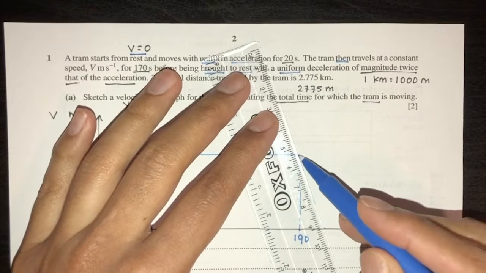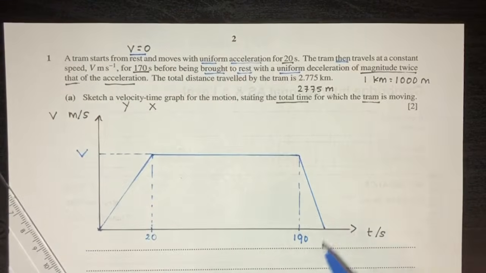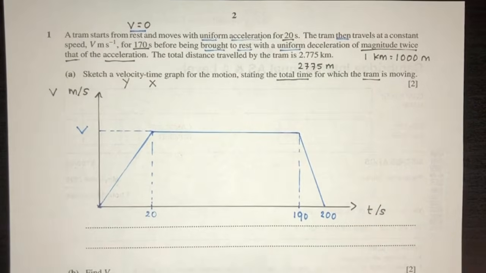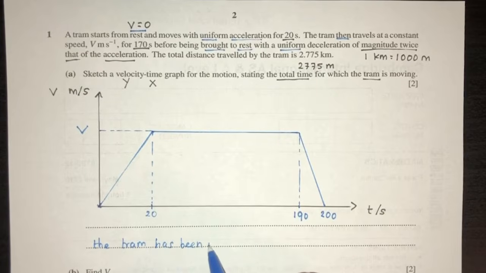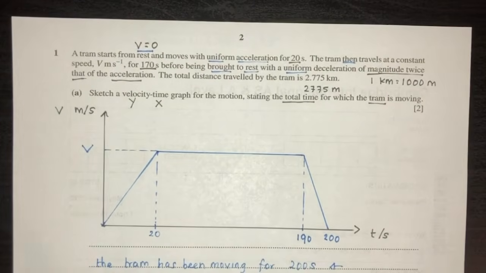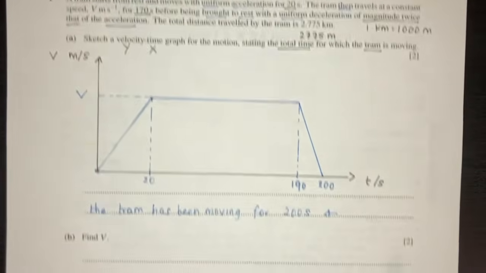So you draw a straight line, and that will be 200. That will be your velocity time graph for this tram. You have to mention that the tram has been moving for 200 seconds. Whenever you have this kind of question, you have to take everything piece by piece and then draw on the graph. So that will be for part A.